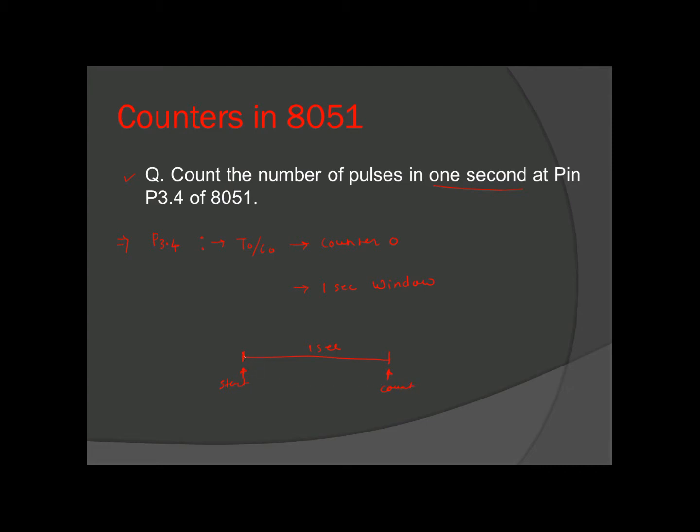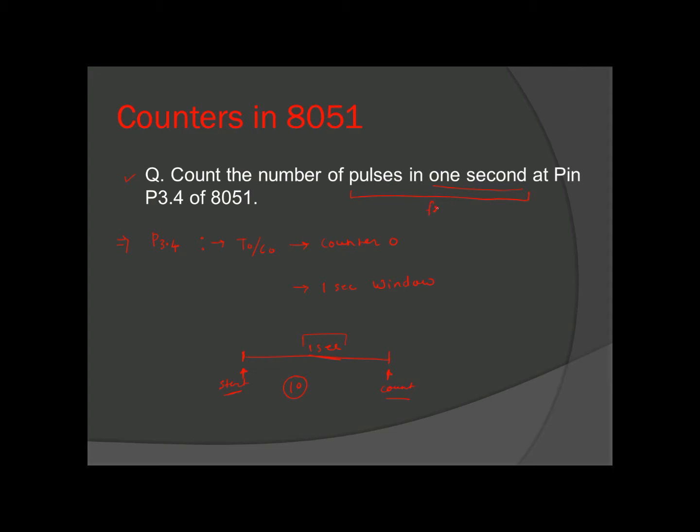Whatever the number of pulses coming between these two instances will be for 1 second. If, for example, 10 pulses are coming between the start and the stop, then I'll get 10 pulses in 1 second. This 1 second window we need to create because it is explicitly said that we need to count the pulses in 1 second. What it also means is that the pulses in 1 second is nothing but the frequency.